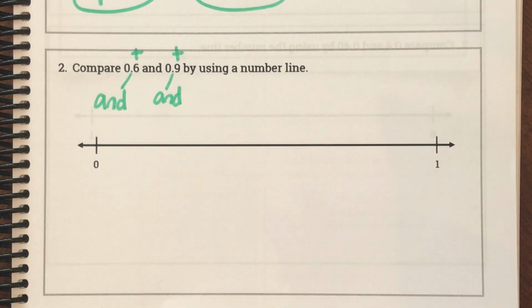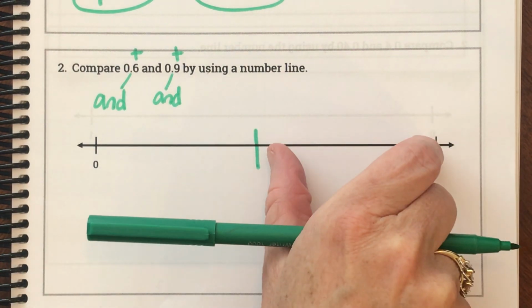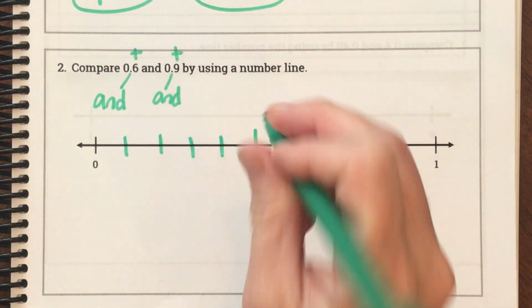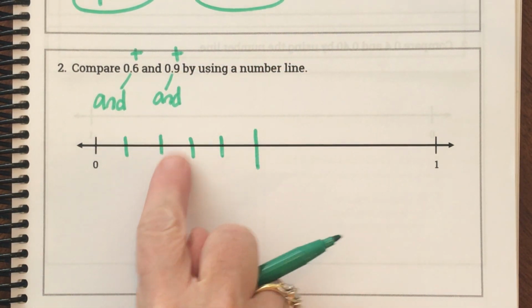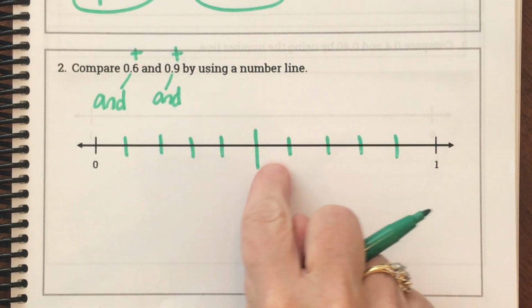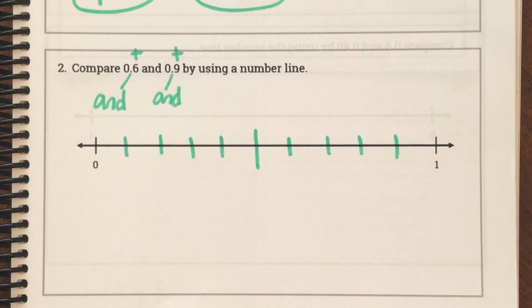Okay, I think the easiest way, friends, is first partition in half. And then I know I need 5 parts here and 5 parts here. So 1, 2, 3, 4, 5 parts. 1, 2, 3, 4, 5. So I have 5 and 5, which is 10.